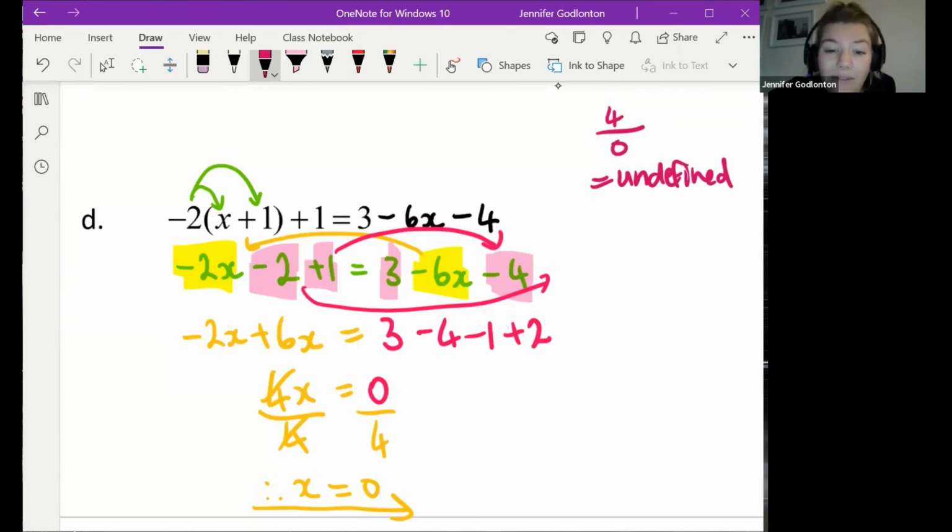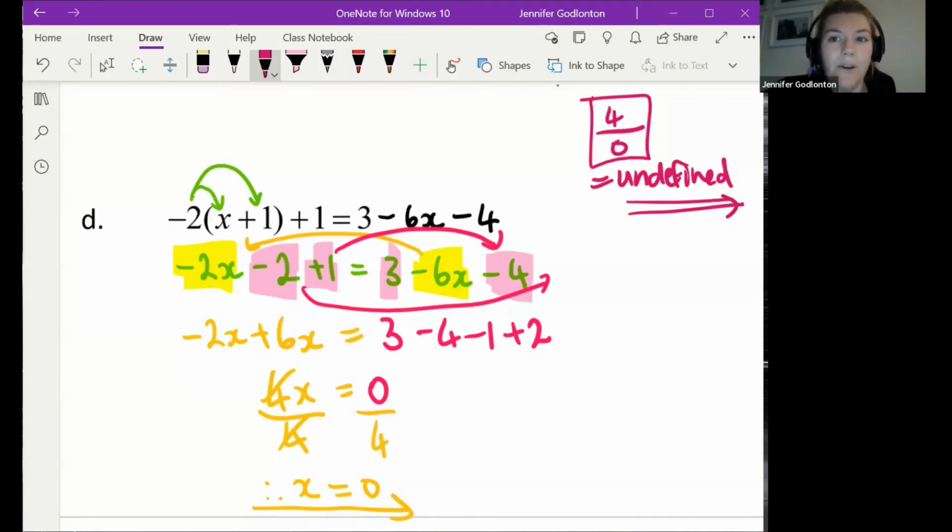If it's 0 divided by 4, the easiest thing is to take your calculator and write 0 divided by 4, and you'll see the answer is 0. But if you put 4 divided by 0 in your calculator, you'll see that it says maths error. And maths error for us means undefined.